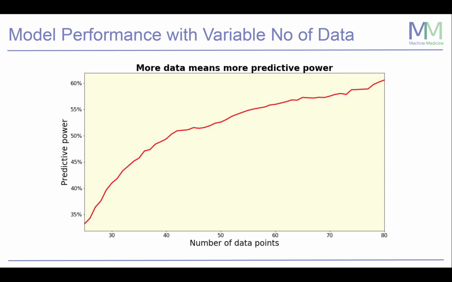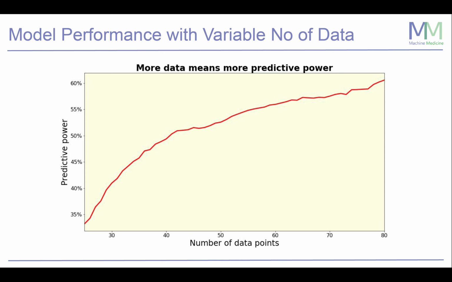This is a very simple figure that just makes the point that our system gets better and better as we feed it more data. What we've done here is we've artificially reduced the number of data points available to train the system, and then we train the system, test the system, increase the number of data points, train the system, test the system again, and so on.